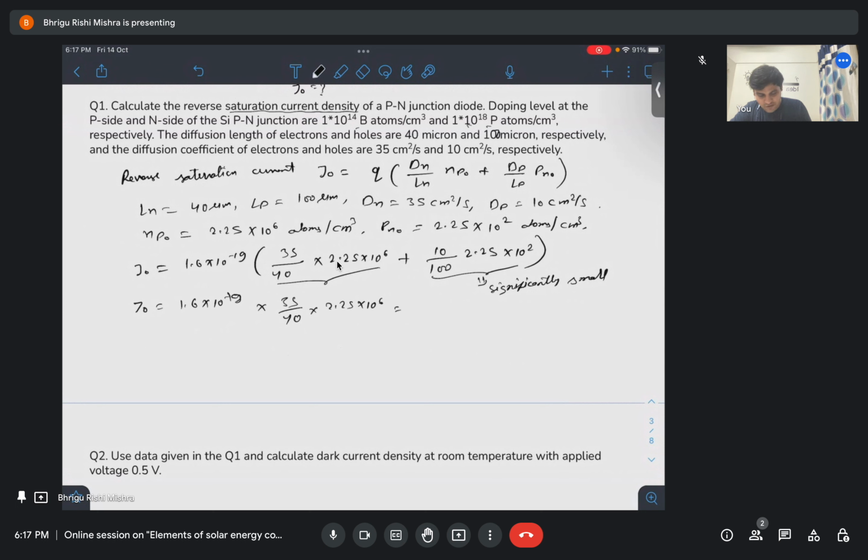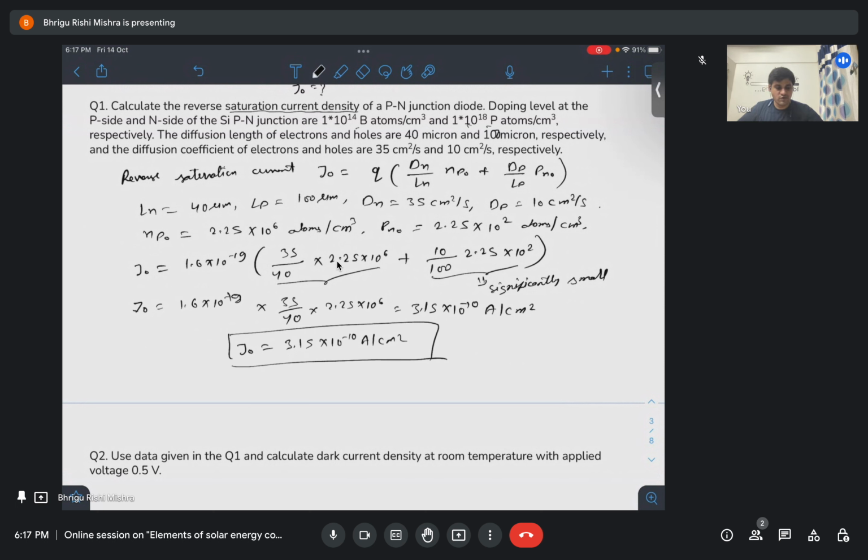If you solve this, you will find 3.15 into 10 to the power minus 10 ampere per centimeter square. Okay, so this is the saturation current, 3.15 into 10 to the power minus 10 ampere per centimeter square.